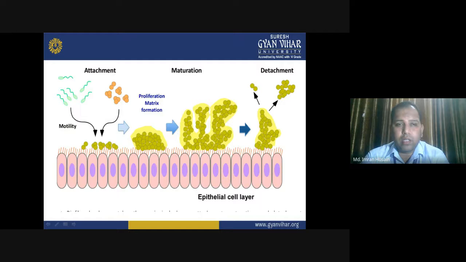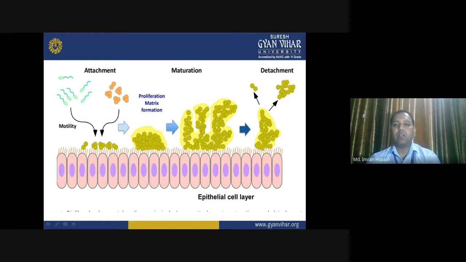So here you can see the diagrammatic representation of the same procedure. Here you can see the pathogens are coming inside and, following their motility movement, they anchor themselves on the epithelial cell layer. As a result, after a certain sustained period of time, they go through proliferation and matrix formation.